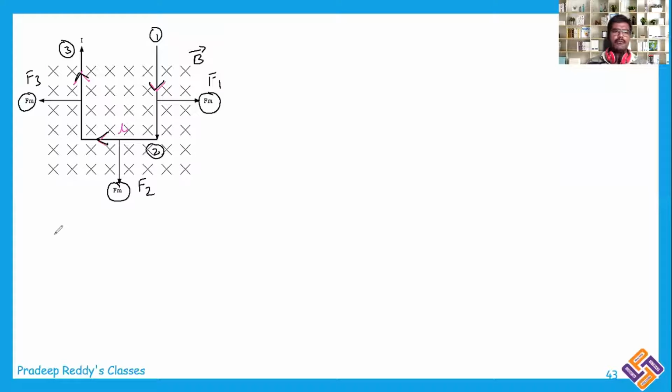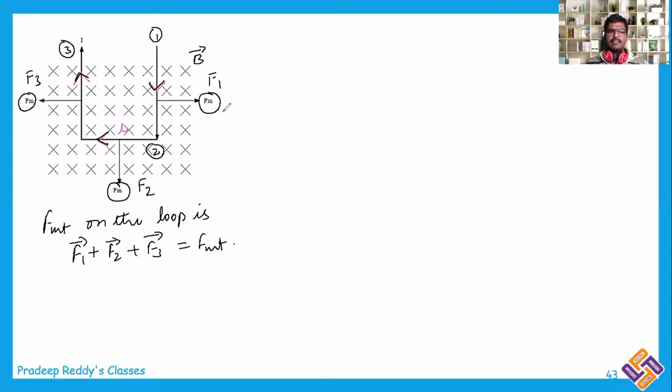So the net force on the loop is F1 bar plus F2 bar plus F3 bar, which is equal to F net. Now F1 bar is to the right side. What is the magnitude of F1? The magnitude of F1 will be equal to B, I and L, and this is right side, so I am taking it as I cap.